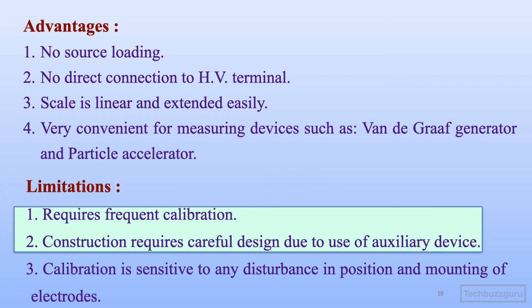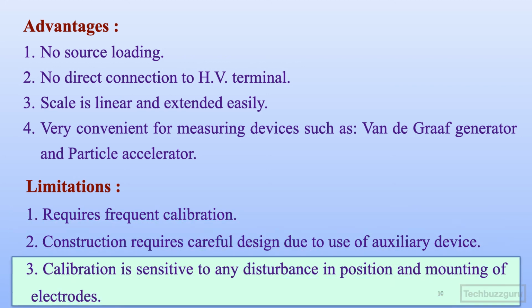The first and foremost limitation for such methods, which involve mechanical energy or motion, is that it requires frequent calibration. Secondly, the construction requires careful design due to the use of auxiliary devices like motors and a rectifier circuit.